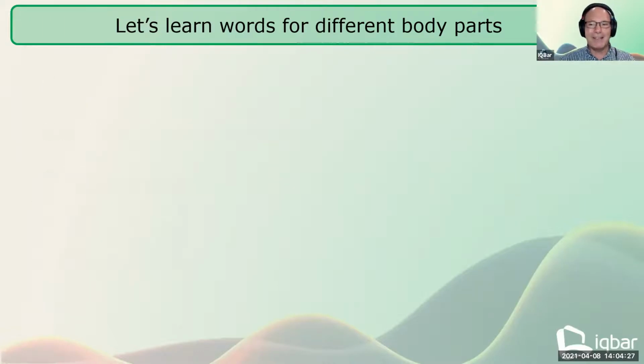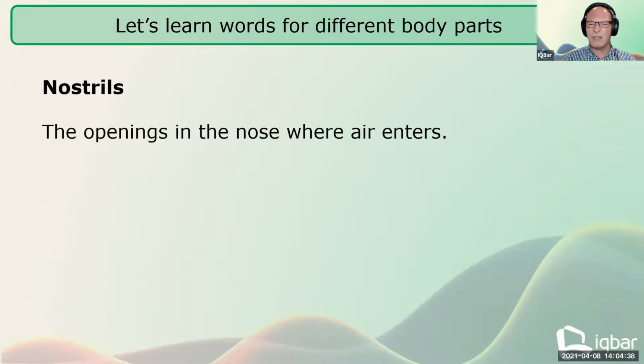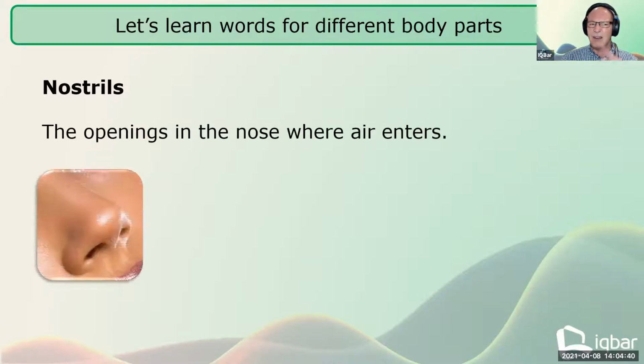And we're learning this next word. And this word is nostrils. Nostrils. And what are they? Nostrils are the openings in the nose where the air enters when you breathe. So close your mouth and take a deep breath.